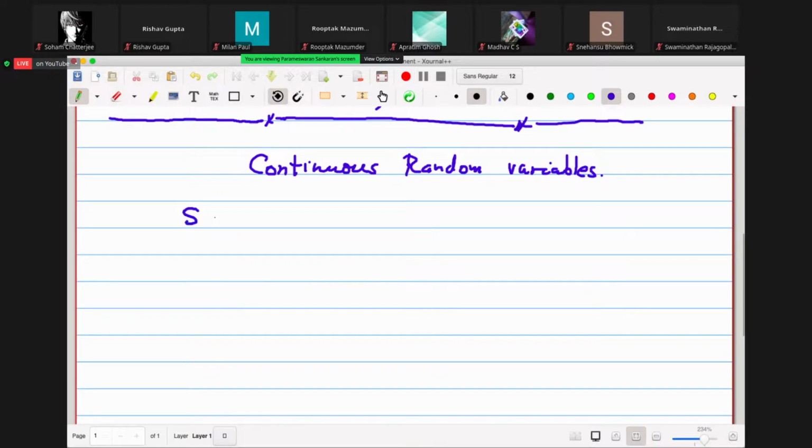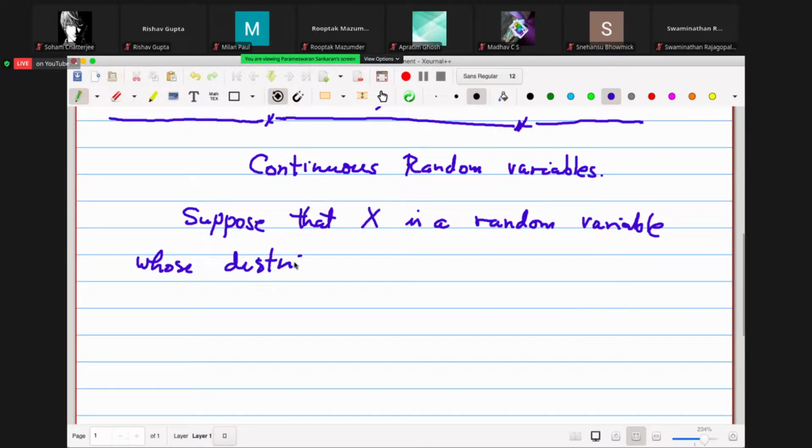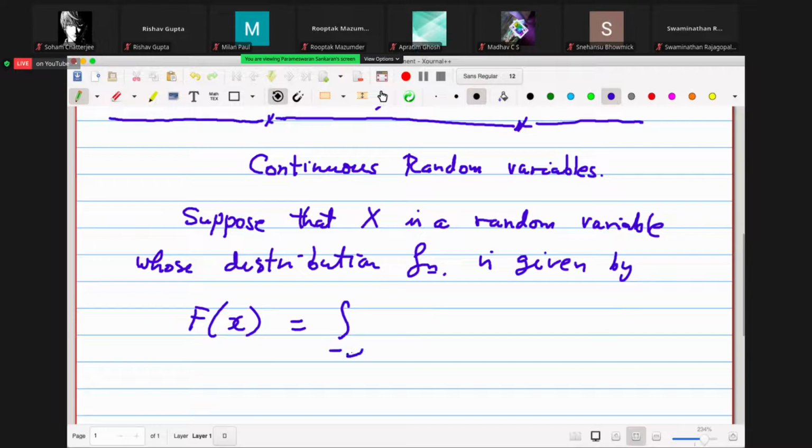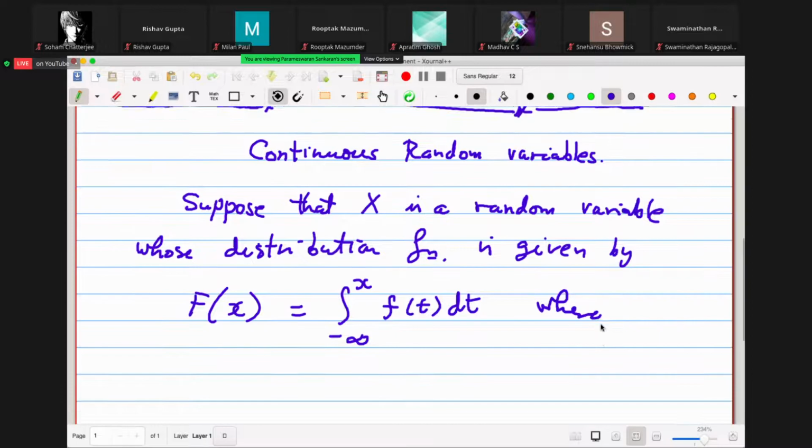Suppose that X is a random variable whose distribution function is given by F of x equals the integral from minus infinity to x of f(t) dt, where, what is f?